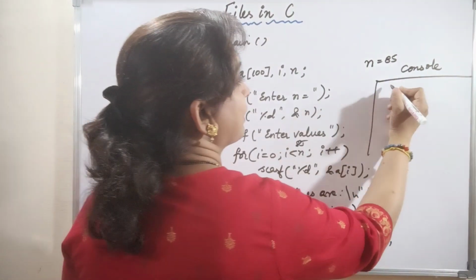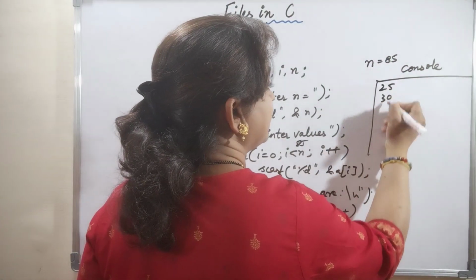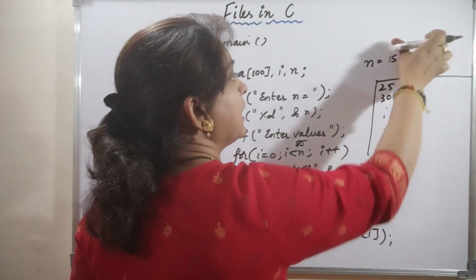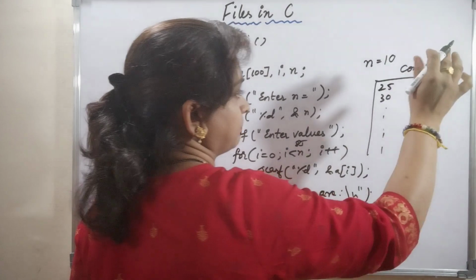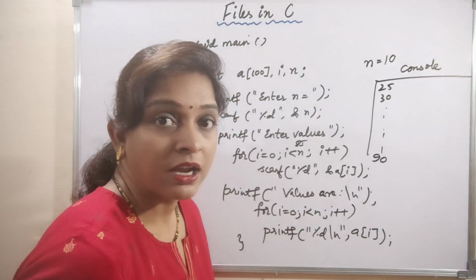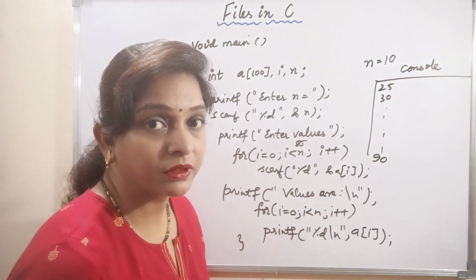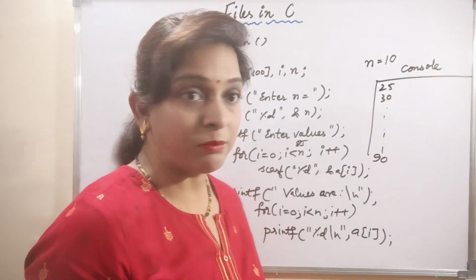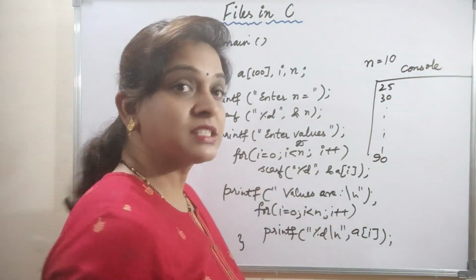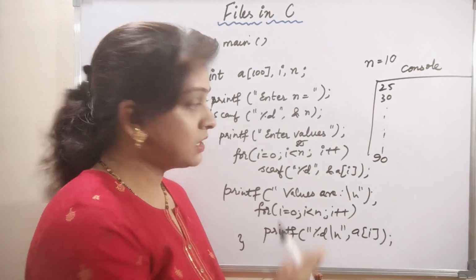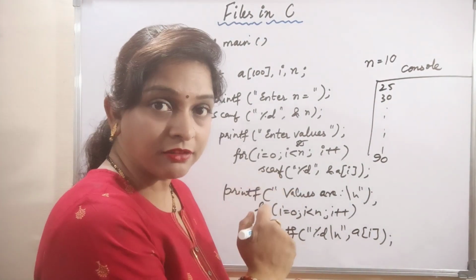So I just give the values as 25, 30, something like that, or let me say I have taken 10. So some 10 values I have given to this program. The values that I have given through the console, that is through the keyboard, will be taken by this formatted function, that is scanf.